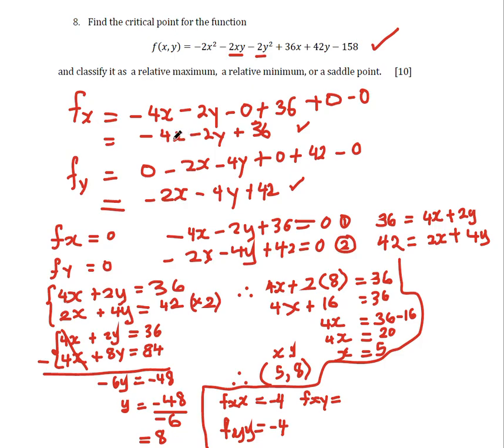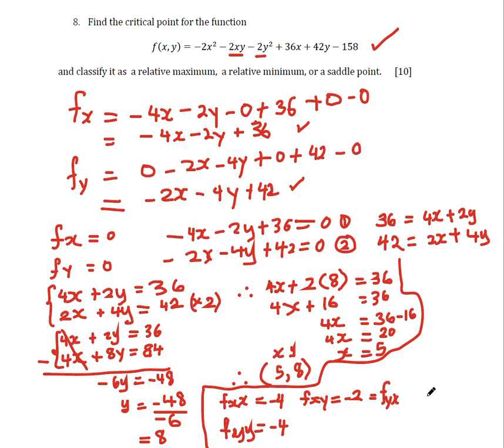But when we differentiate negative 2y with respect to y, we get negative 2. And when we differentiate 36 with respect to y, we will get 0 as well, because that's a constant. fxy is the same as fyx.